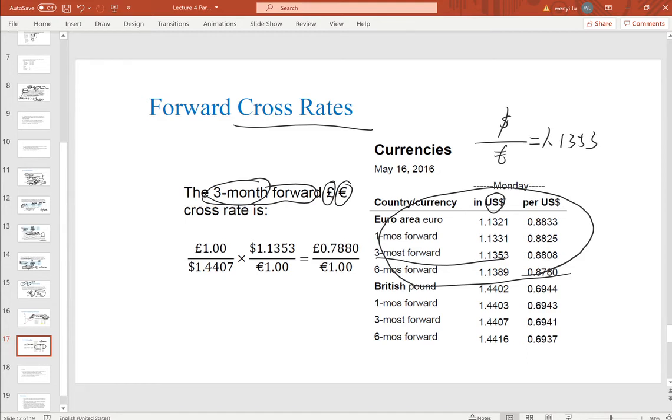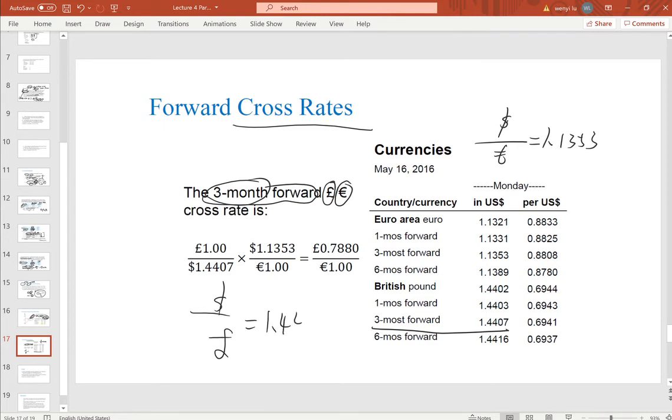And for the British pound, a pound equals how many dollars? $1.4407. And your purpose is to solve for pound per euro. So we need to swap this one upside down. So we need to take divisions, right? So we have 1.1353 over what?